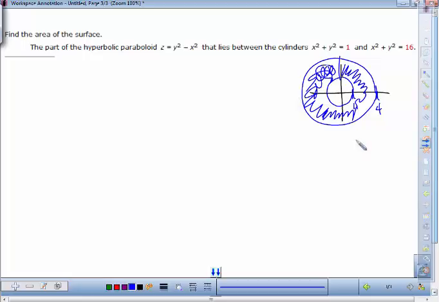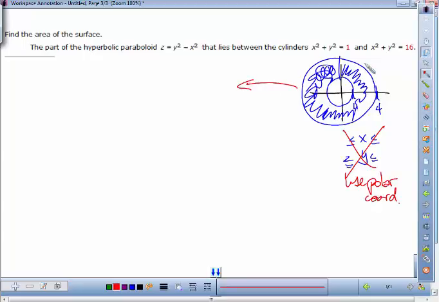Now I can attempt to set this up in x and y, but I kind of don't even want to try, because this would be an ideal situation to use polar coordinates, right? So we're going to use polar coordinates instead. We want to represent them in terms of r and theta.